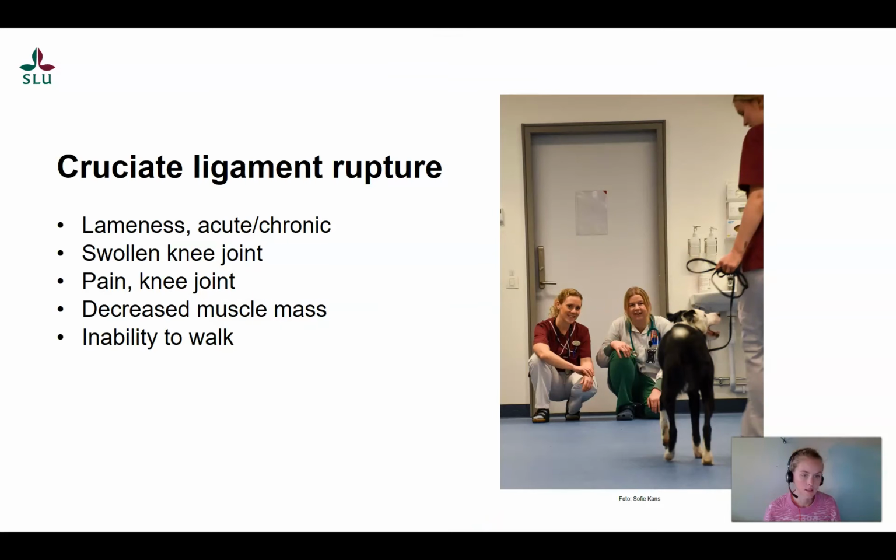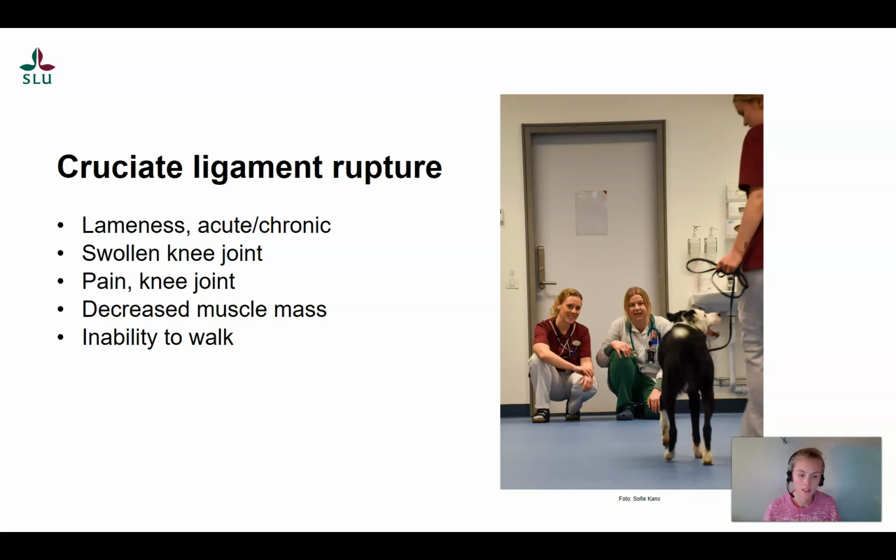And cruciate ligament rupture can result in different types of clinical signs, such as lameness, which can be acute or chronic. And some dogs are just slightly lame, while others have a non-weight-bearing lameness. And the joint can be swollen and painful at palpation.